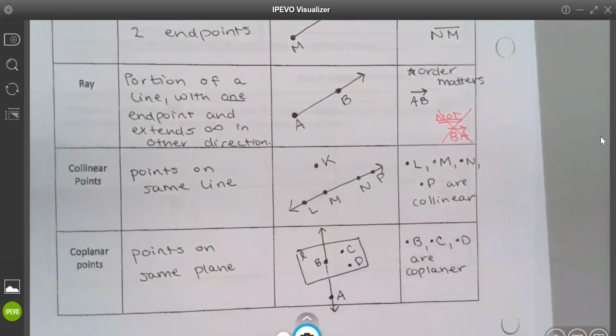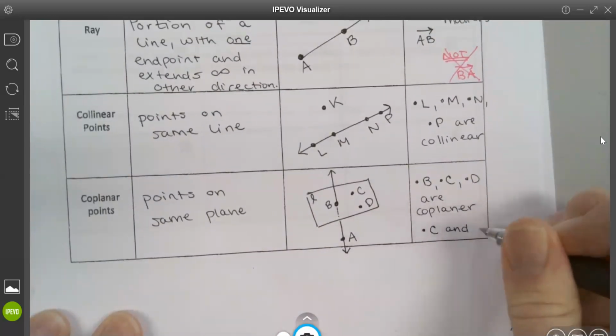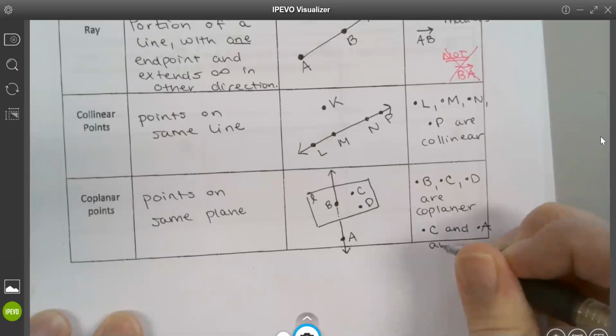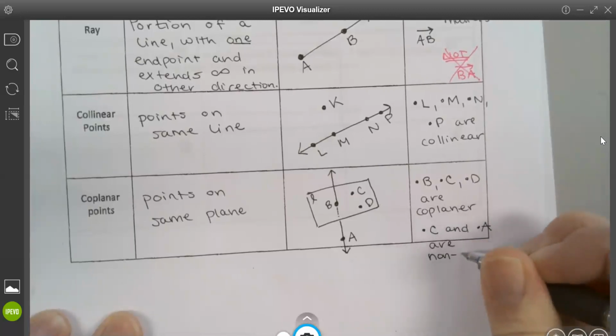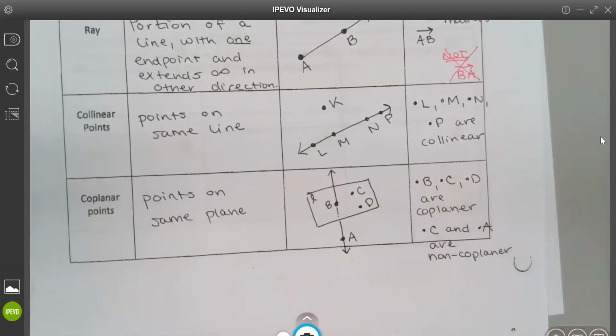And we also sometimes are asked to just pick some non-coplanar points. So for points that are non-coplanar, I could say point C and point A are non-coplanar, which just means they don't live on the same plane. They live on different planes. Okay? C and A. C is on this plane.